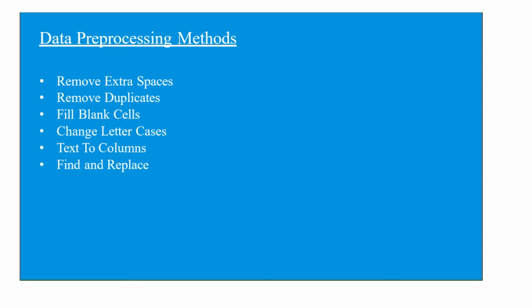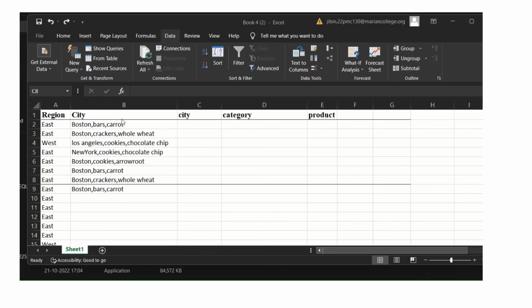Next we can look at the Text to Columns function in Excel. Here we can see the data in the city column has three values separated by commas, and we have corresponding columns to which we can separate it: city, category, product.